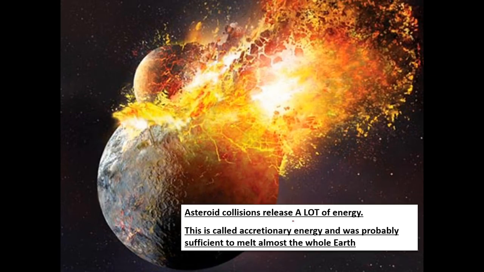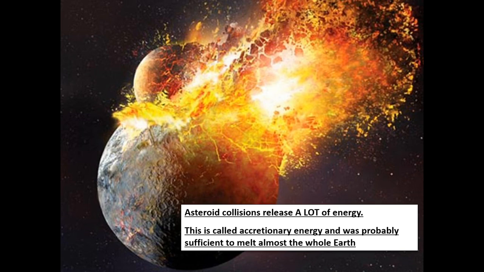Asteroid collisions released a lot of energy. There were also not only asteroid collisions, but there were probably collisions with even protoplanets. So this is what's being shown in this picture right here. You probably had small planets like dwarf planets running into Earth as well. Certainly happened on other planets. That's why, for example, Venus, might interest you to know, rotates backwards.